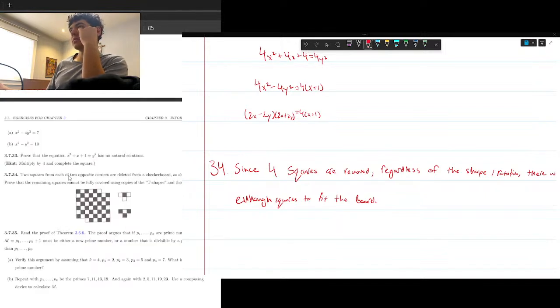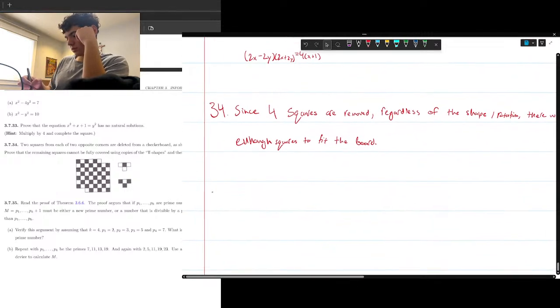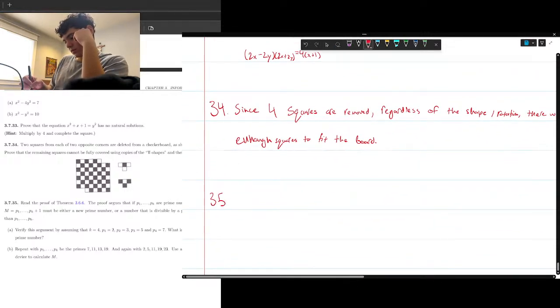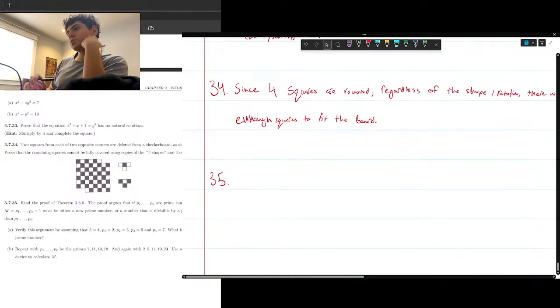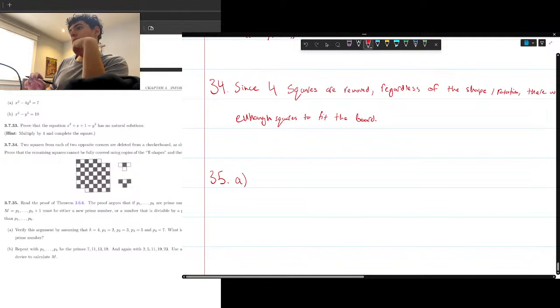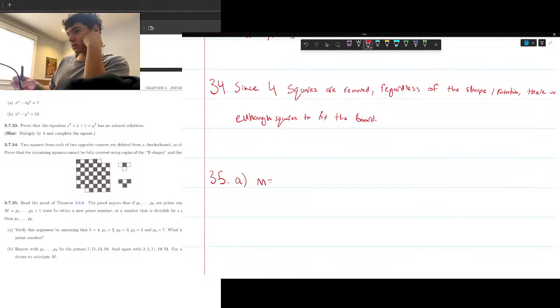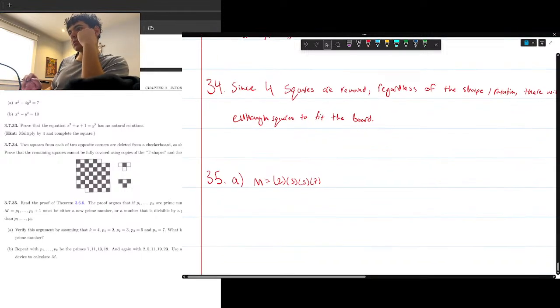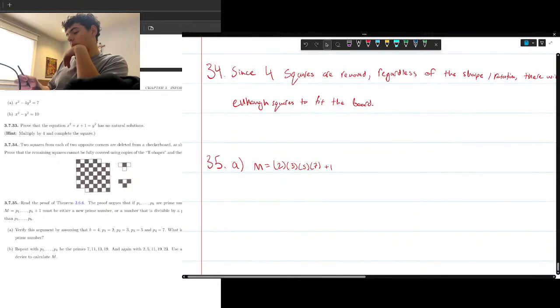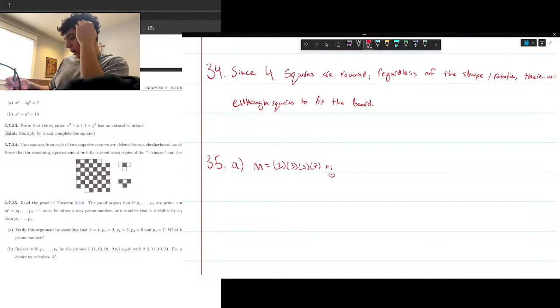That was a dumb question. Oh, K is 4. So yeah, M would be a prime number, because 2, 3, 5, and 7 don't divide it, because 2, 3, 5, and 7 don't divide 1 either, right?